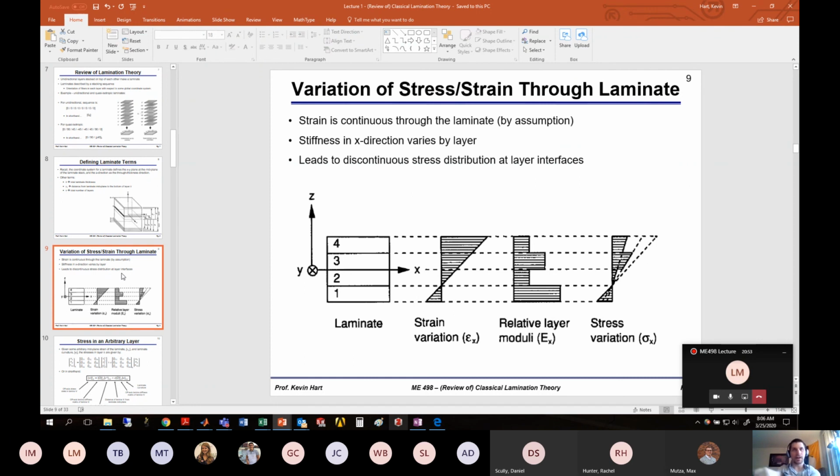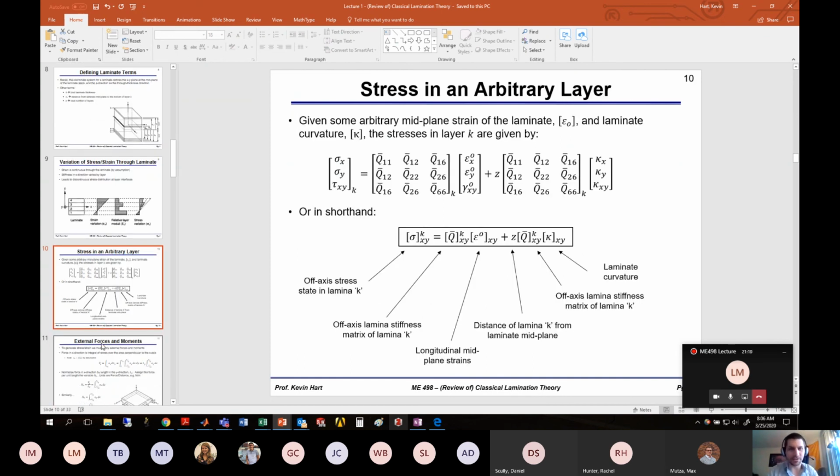At the end of the 429 class, we went through a whole derivation to show the relationship between the strain we might apply through either bending or longitudinal straining and the stress that is created. And that equation looks something like this.